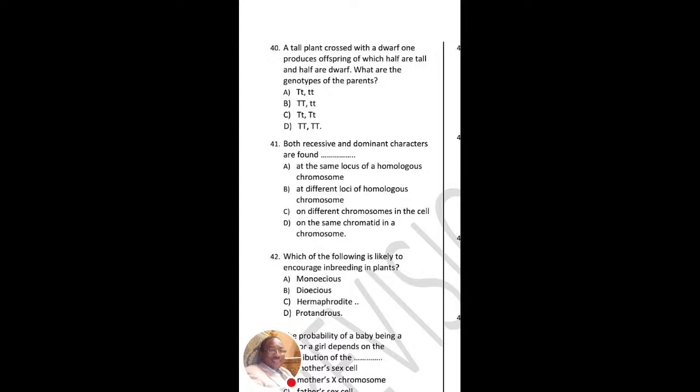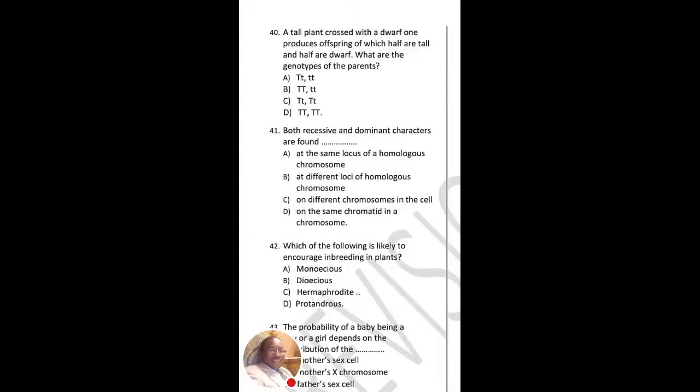Number 40. Both recessive and dominant characters are found A, at the same locus of a homologous chromosome, B, at different loci of homologous chromosome, C, on different chromosomes in a cell, D, on the same chromatid in a chromosome. No. You can't even think of C and D. Now, since the characters are in pairs, recessive and dominant characters will be found on the same locus.